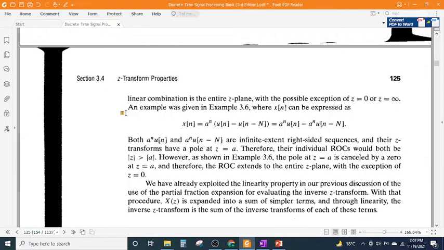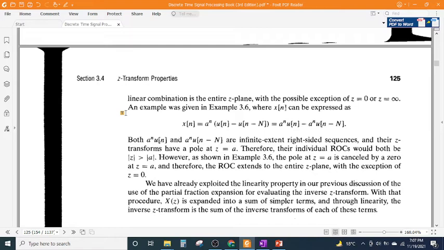In this case the ROC of the linear combination is the entire z-plane, with the possible exception of z equals 0 or z equals infinity. An example was given in Example 3.6, where x[n] can be expressed as x[n] equals a^n u[n] minus a^n u[n-1]. Both are infinite extent right-sided sequences, and their Z-transforms have a pole at z equals a.